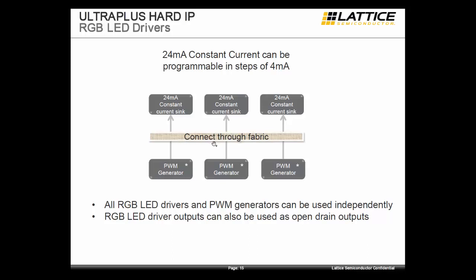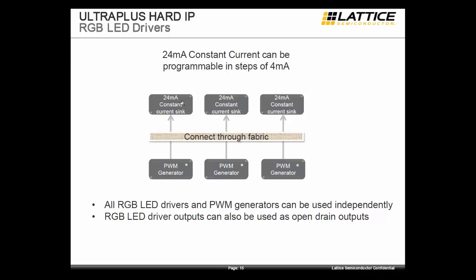The RGB LED drivers in this family are 3 dedicated pins, and behind each one of those pins is a 24 milliamp constant current sink driver, as well as a PWM generator for each one of these pins. So the pins can directly hook up to an RGB LED, and the PWM generators can be used independently to drive those RGB LEDs.